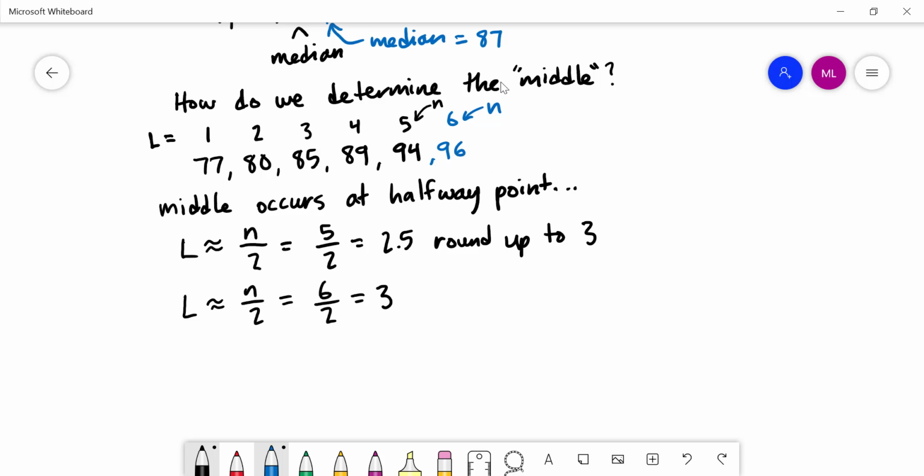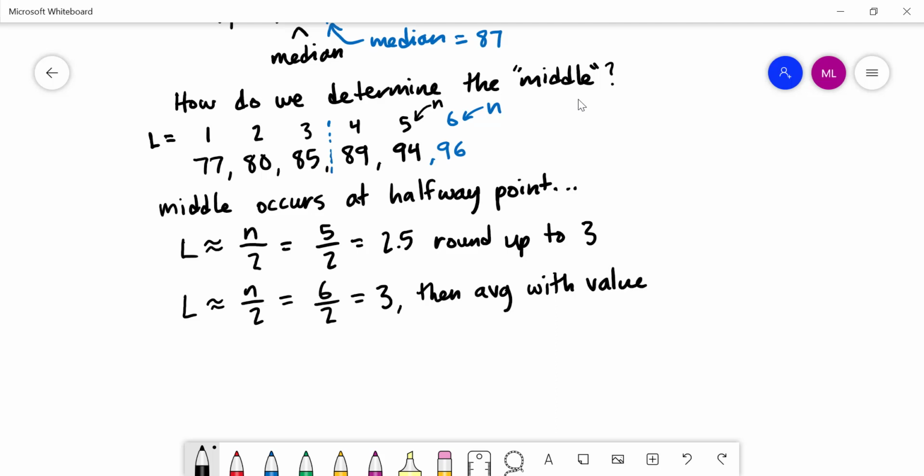The middle number would actually be, as I mentioned a minute ago, between the 3 and the 4. So in this case, instead of rounding up, we wound up getting a whole number out of this. We want to average this number with the value at the next position.